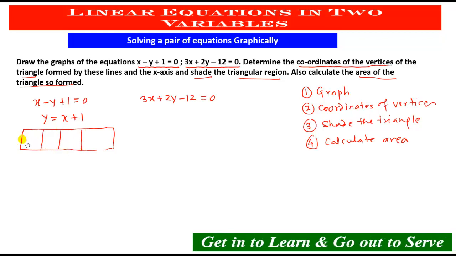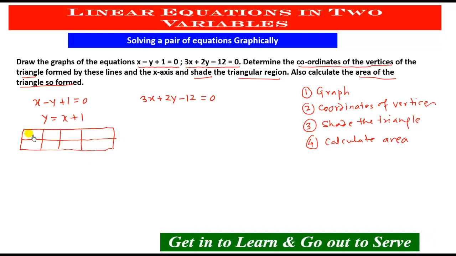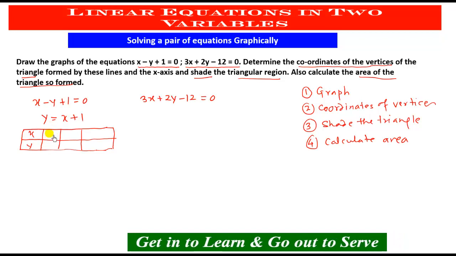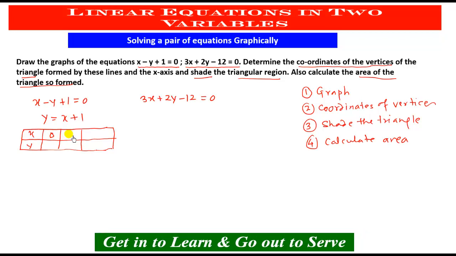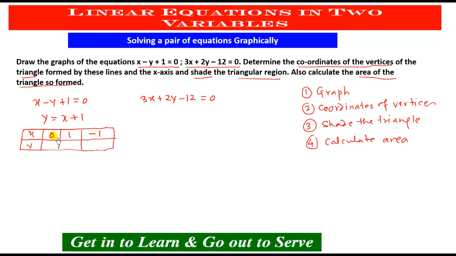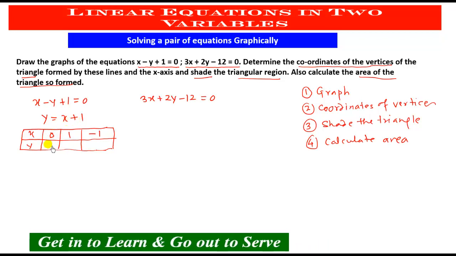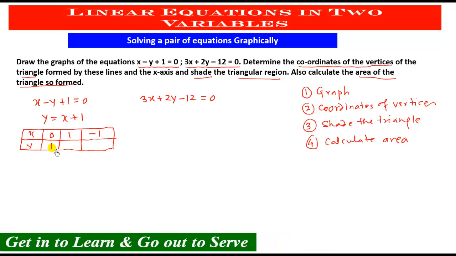To get the three possible solutions, we assume three values of x and write them in a tabular form. So here I take the values of x as 0, 1 and minus 1. If you put x as 0, then 0 plus 1 will be 1, so the value of y will be 1.